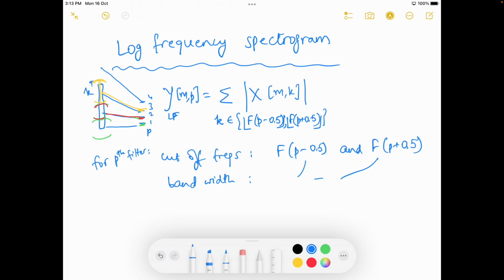So what we obtain from here is a log frequency spectrogram. How will it look? It will look like a harmonium. Means the frequency axis will be linear, like different notes will be linearly placed. They won't be exponentially, or geometrically, placed.